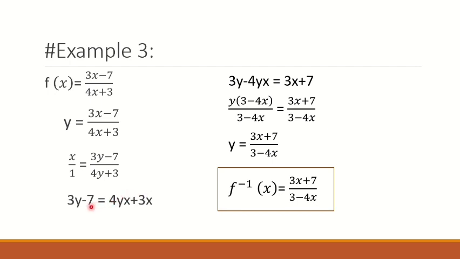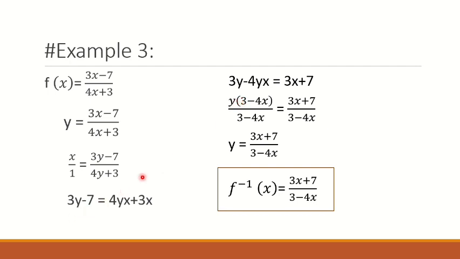As you can see in this equation, to be able to figure this out, you need to do a cross multiplication. So 1 times (3y minus 7), the result will be 3y minus 7. And then x times (4y plus 3), the result will be 4yx plus 3x.